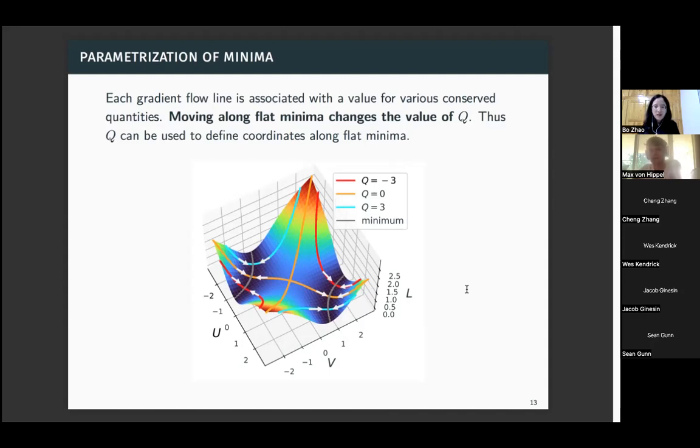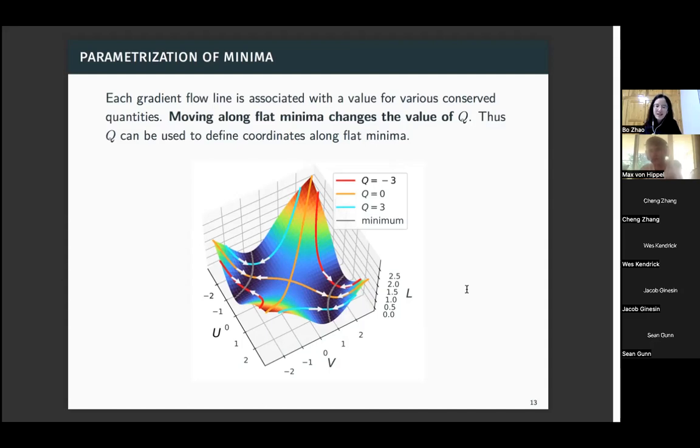In general, I remember saying that the conserved quantities parameterize the minimum. That is not entirely accurate. It's more like a partial parameterization, because the number of conserved quantities we find is usually much smaller than the dimension of the minimum.